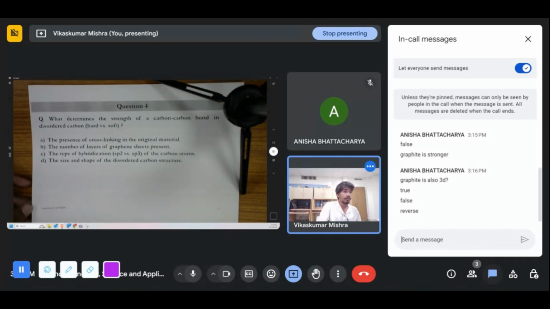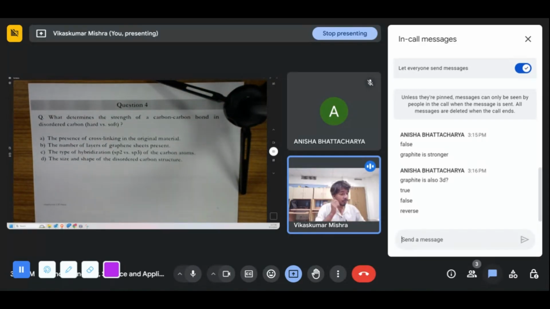Over here: what determines the strength of the carbon-carbon bond in the disordered carbon, hard versus soft? So we already got that, disordered carbon is there. Let me tell you, only one answer is correct over here. It's an MCQ. The presence of cross-linking, the number of layers of the graphite sheet, the type of hybridization, the size and shape of the disorder.